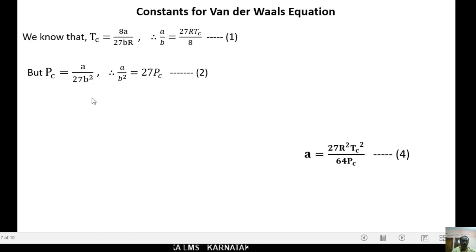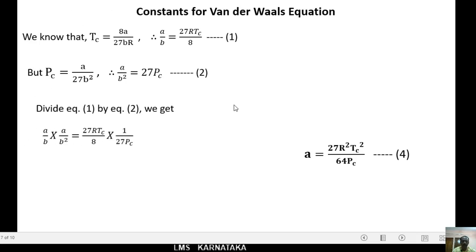Put the Pc value, that is a by 27 b square, in the above equation 1. We get a by b square equals 27 Pc. This is equation 2. Divide equation 1 by equation 2.